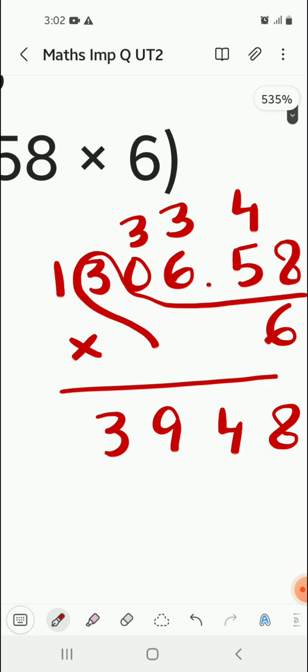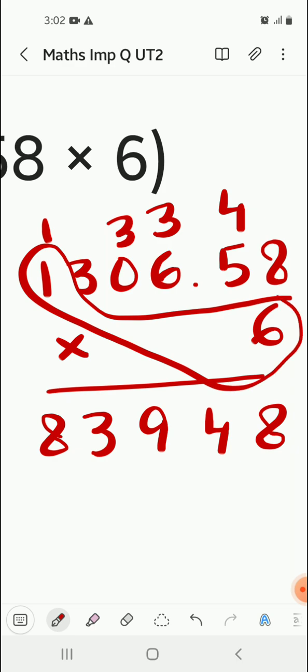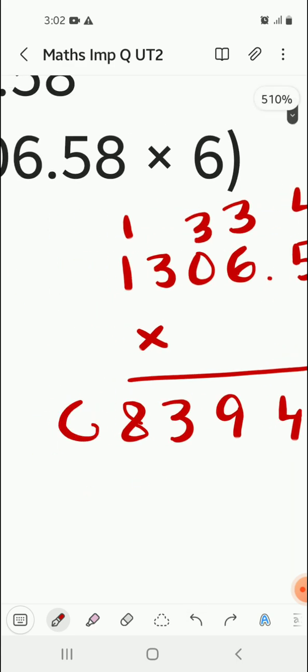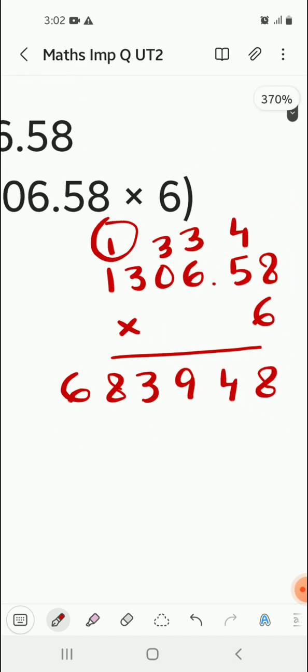Then 6 into 3, that is 18. And then finally 6 ones are 6.